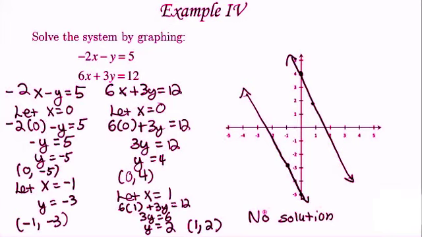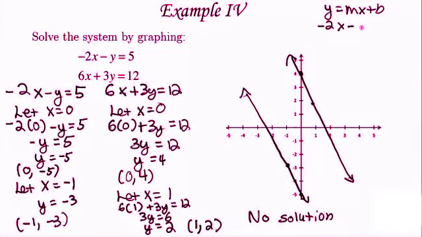And remember, another way to check your answer on this one, since you don't have a set of solutions to insert, is to figure out the slope, because these two lines are going to have the same slope if they're truly parallel. And remember, if we write this in slope-intercept form, y equals mx plus b, we can find the slope.